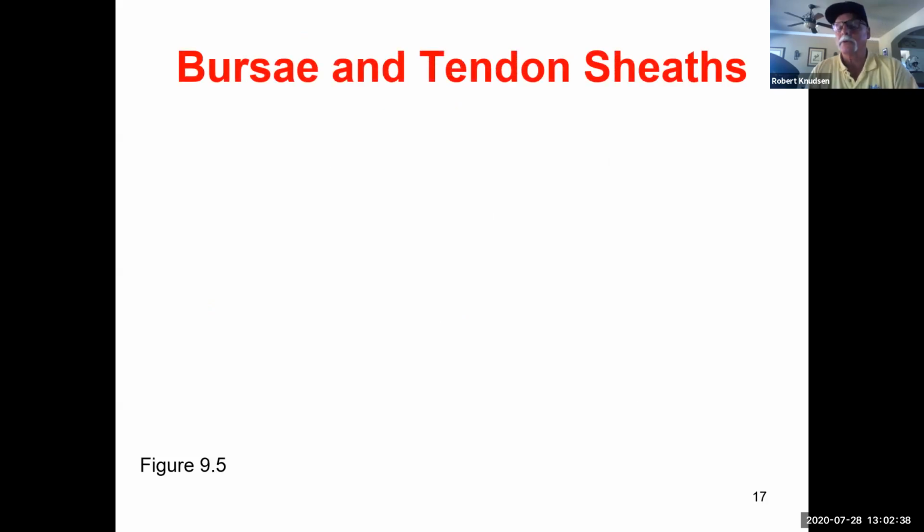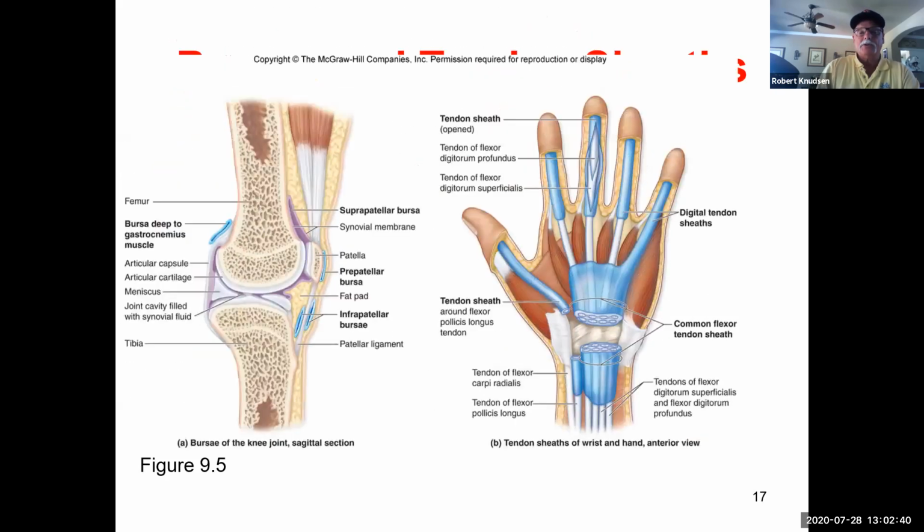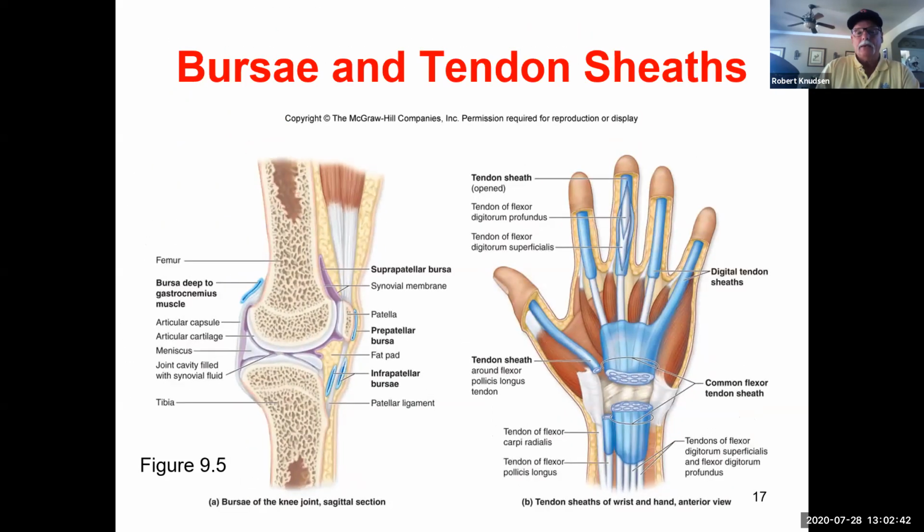Bursa and tendon sheath pictures. Okay, let me show you what you got here. Here's the tendon. Here's fat. Here's the tendon of a muscle. Here's your patella, your kneecap. These little blue things right here, 1, 2, 3, represent pillows. Now, when they made this drawing, they didn't do it right. Also, by the way, the yellow bone marrow is missing here.